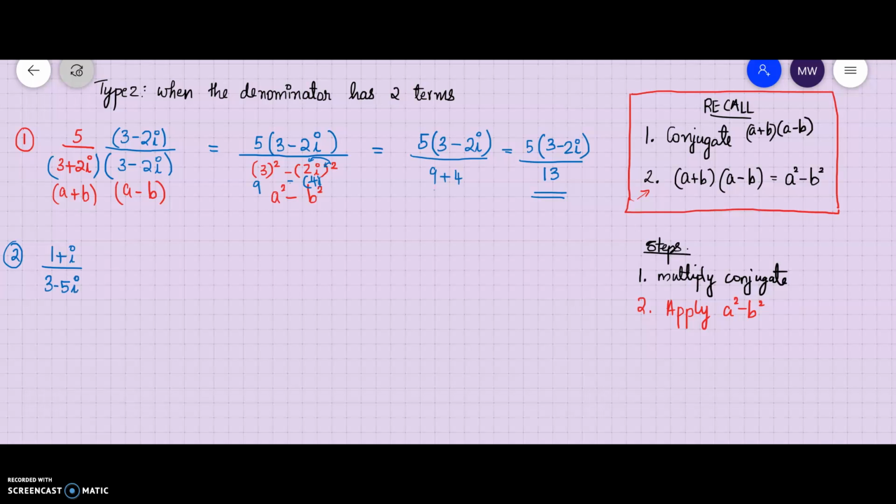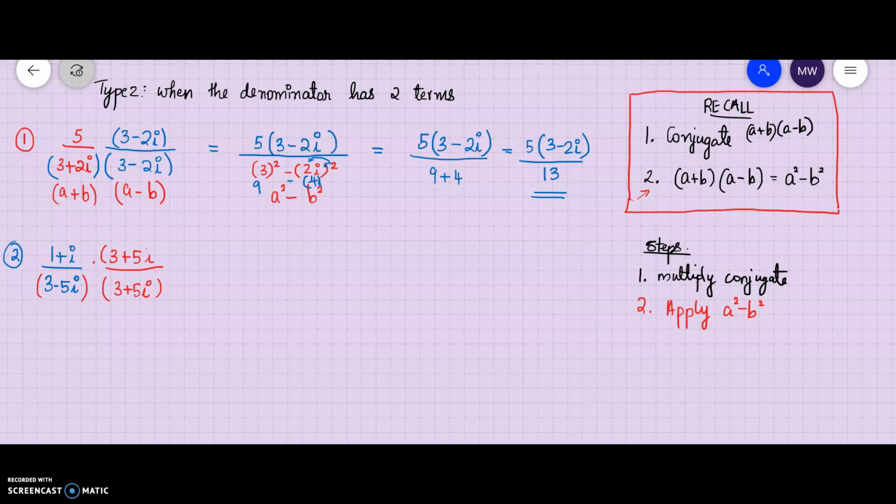So again, rewrite the question one more time, and then step number 1, you have to multiply with the conjugate of the denominator. So the denominator is 3 minus 5i, so you're multiplying with 3 plus 5i in the denominator and in the numerator.